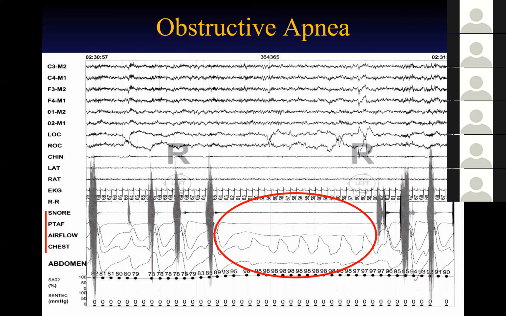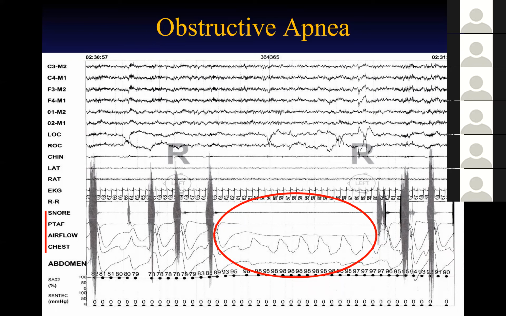And you can see the top 6 lines are the EEG, and then you have the eye movements, chin muscle tone, which REM sleep is measured on. Right and left tibial movements, anterior tibial, to check for periodic leg movement of sleep, EKG, snore, and then you have airflow, either checked by pressure transducer or a heat transducer, and then you have chest and abdominal movements.